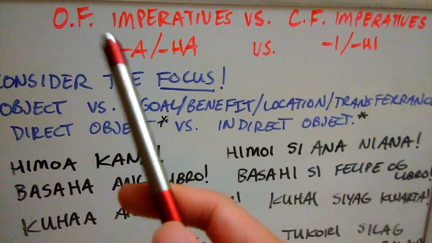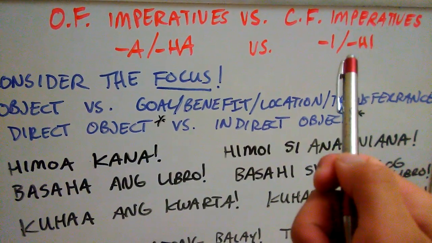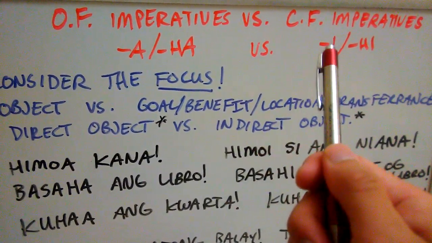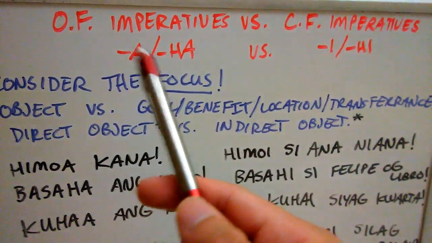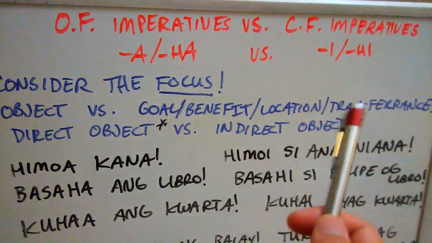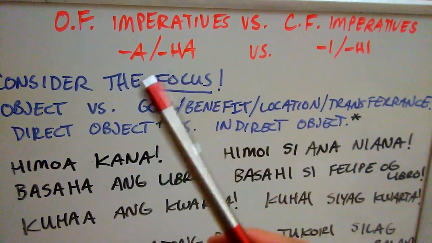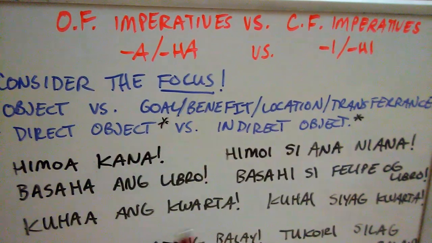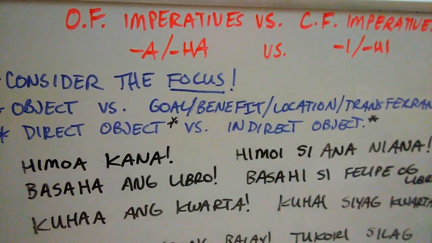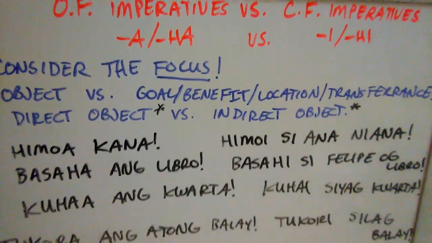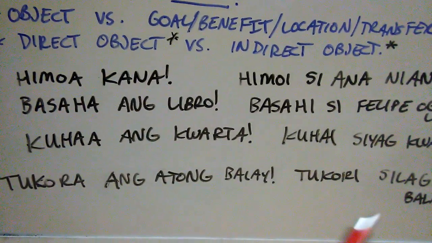So sometimes the object focus will take the place of both the object focus and the circumstantial focus, whereas sometimes the circumstantial focus will take the circumstantial focus and the definitions for the object focus, okay? You will have some back and forth, but this video is just going to delineate the differences of how and the usage of those two. Just keep in mind the exceptions, though, because there are always going to be those exceptions which I just explained. The examples are going to be very clear to you once I show them to you, okay?